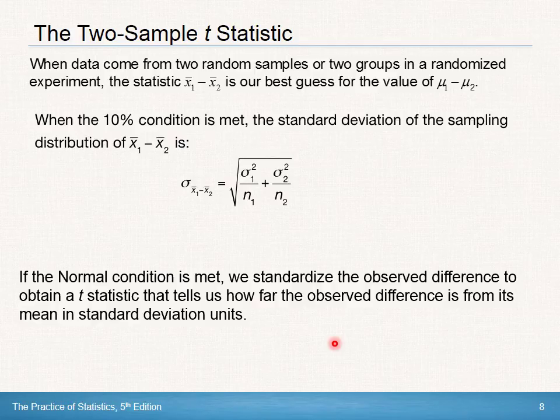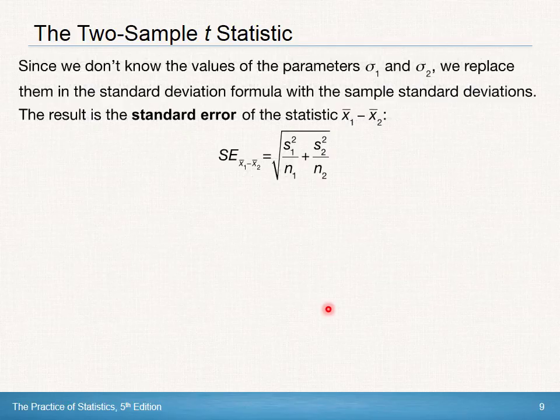Remember, back in the last chapters when we were working with a population mean, we used a t-test. Since we don't know the values of the parameters sigma sub 1 and sigma sub 2, we replace them in the standard deviation formula with the sample standard deviations. The result is the standard error of the statistic.